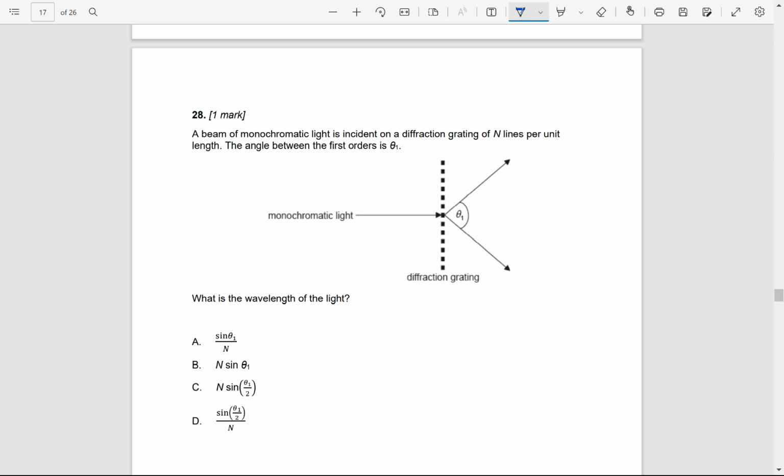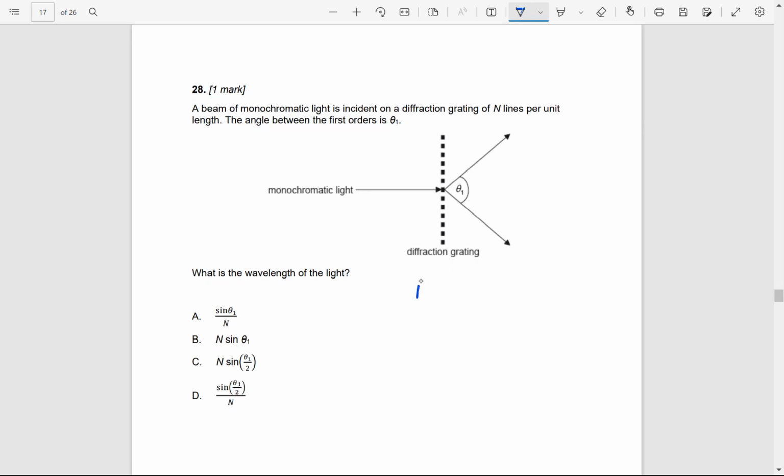Question 28. We've got monochromatic light coming through a diffraction grating, n lines per unit length. I'm going to go ahead and write the formula because I think I'm going to use it. I'll put a θ1 here because they've put a θ1, so I'm just copying their language. The angle between the first orders is θ1.